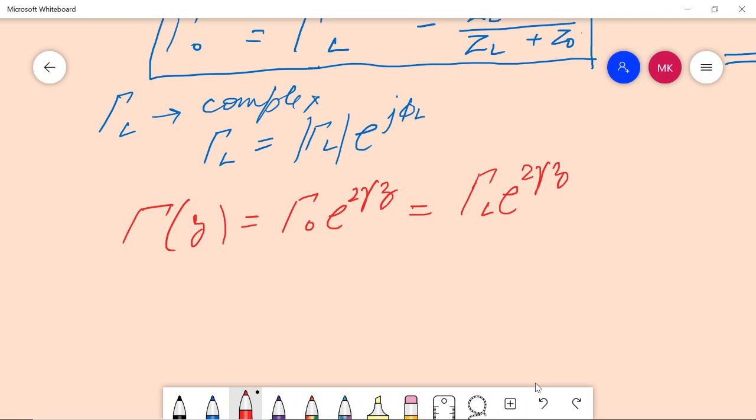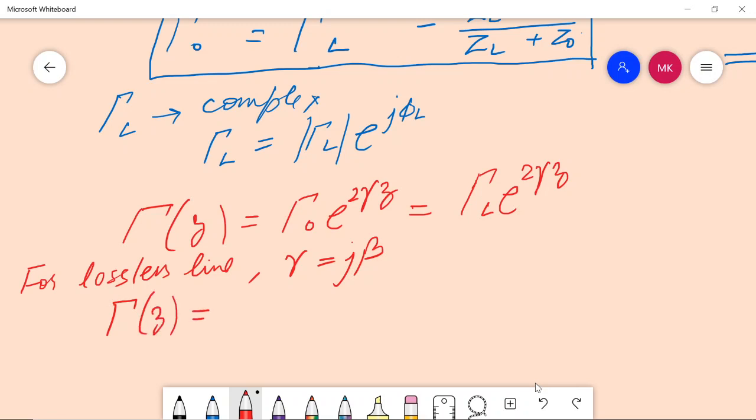Now we will take the specific case for a lossless line. So for a lossless line, gamma equals j beta. So this is the propagation constant, and this is the reflection coefficient capital gamma z. So it will be written as here.